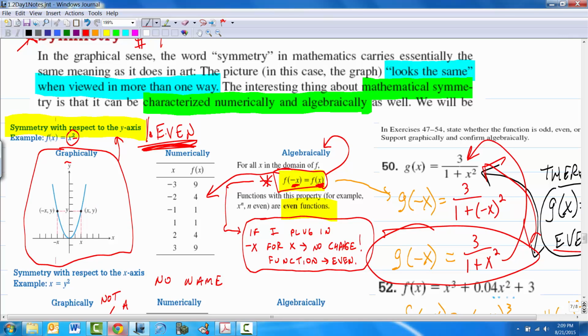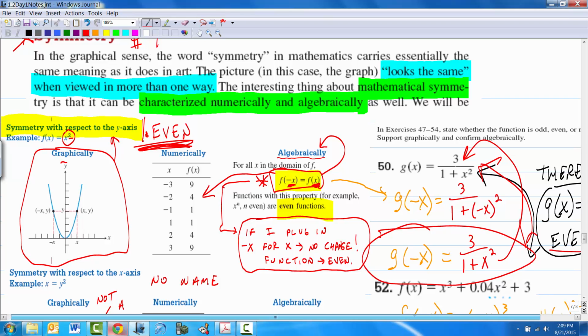You could either have a function that's even. Even is symmetry with respect to the y-axis. Okay? So a parabola whose vertex is at 0, 0 is an even function. But really what's true is this little algebra. How do you algebraically approach an even function? What's true is if you plugged in -x for x in the function, there would be no change. You'd end up with the original.